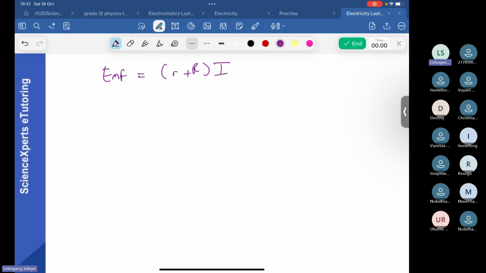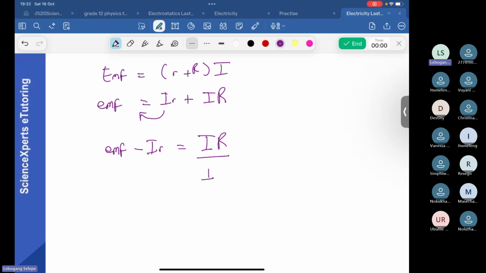EMF equals r plus R multiplied by I. So I can write this as Ir plus capital letter IR. This is EMF still. Transpose this to that side. I would have EMF minus Ir equals I capital letter R.